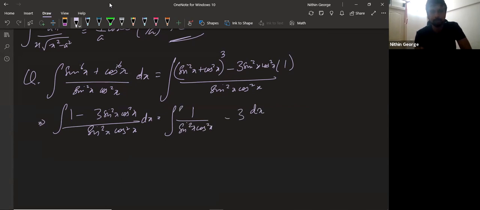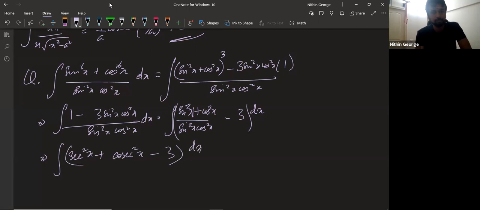Now this 1 I write as sin square x plus cos square x. And then this becomes 1 by cos square x, which is sec square x, plus 1 by sin square x, which is cosec square x, minus 3 dx. So this simply becomes tan x minus cot x minus 3x plus c.